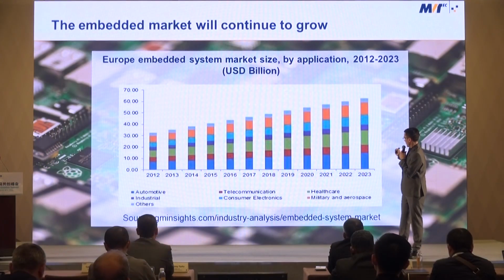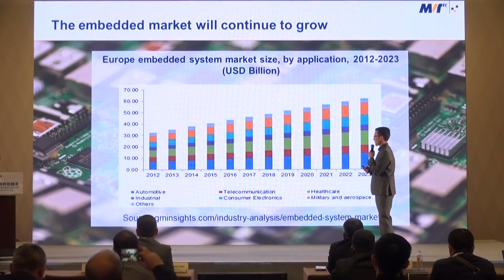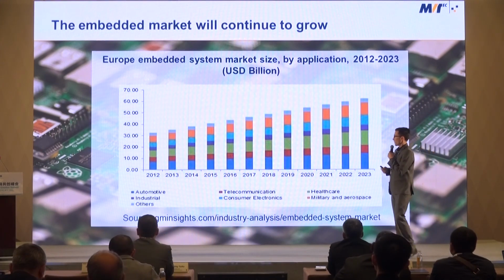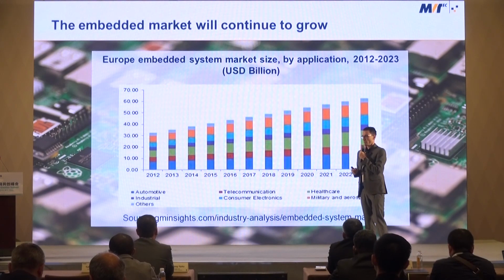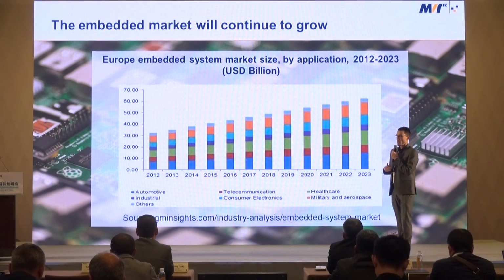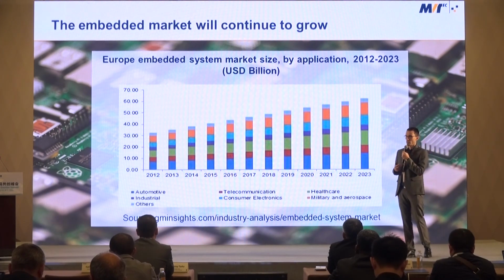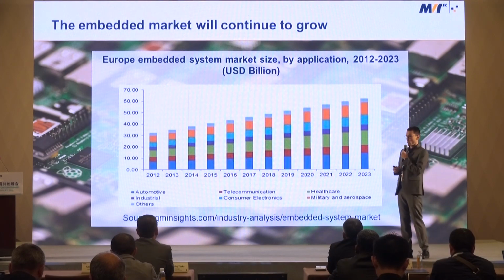I think at the end of 2023 there is a market of roughly $60 billion in Europe alone in the embedded area, and for the whole world market there's a forecast of $240 billion. This gives you an idea of the potential in these embedded devices and what happens in the future when we talk about vision systems or embedded vision systems.